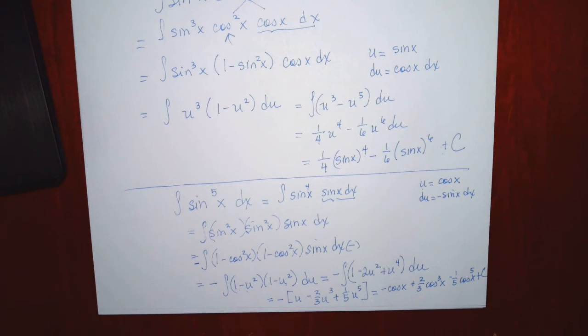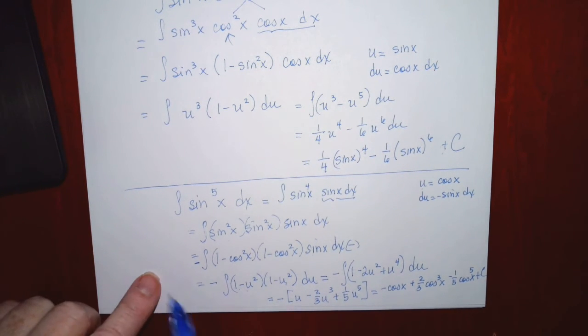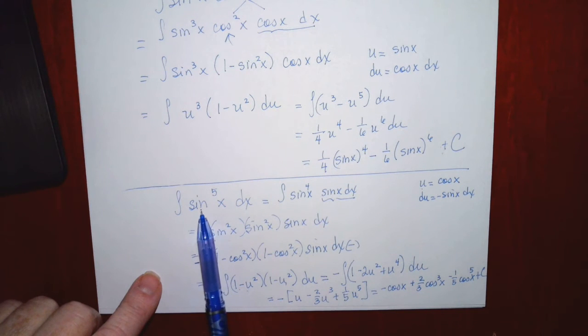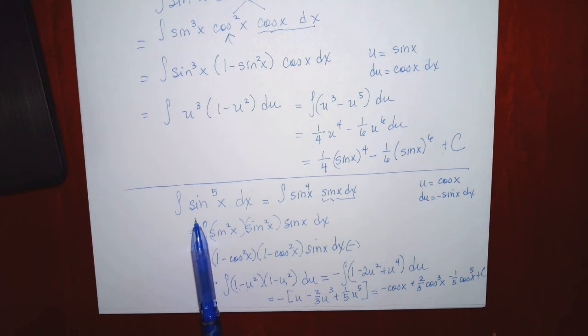When do we do this? When we have either just a sine to a power or a cosine to a power, and at least one of them is odd. You can just pull off one and leave an even power left and use your Pythagorean identities.